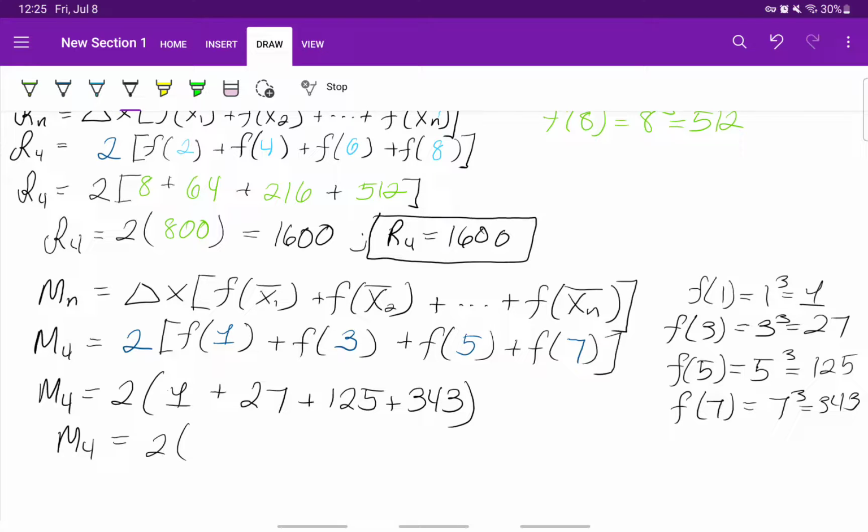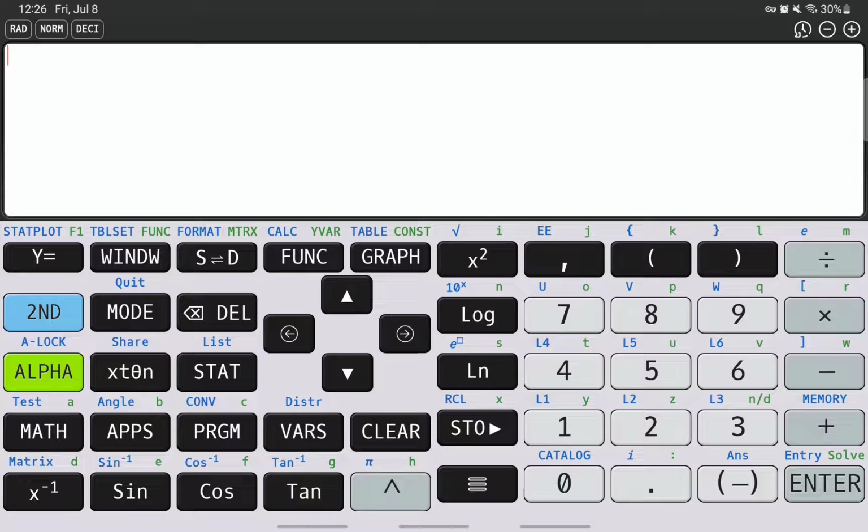So now let's add inside the parentheses. 1 plus 27 plus 125 plus 343. That's 496. Take that 496, times it by 2.